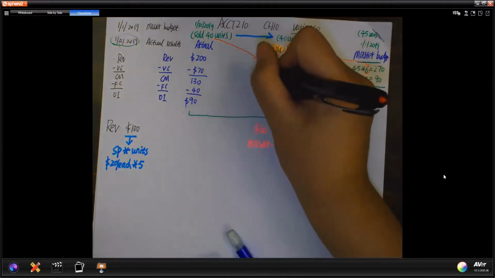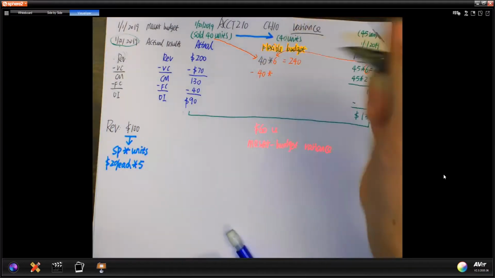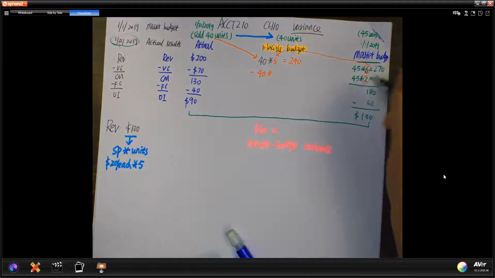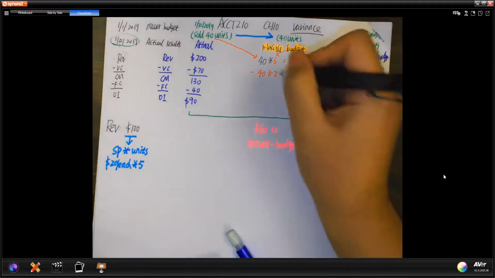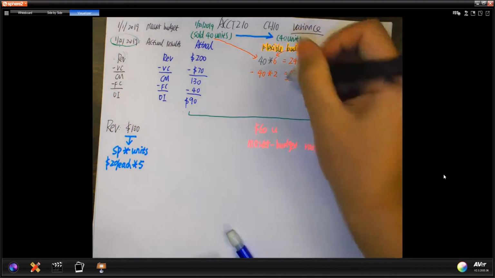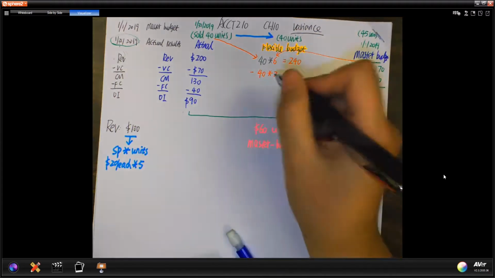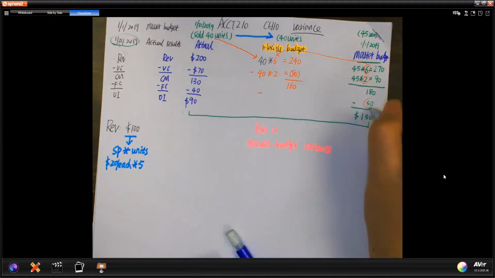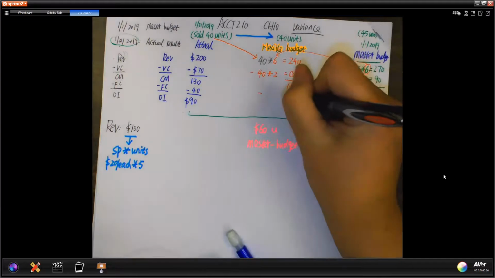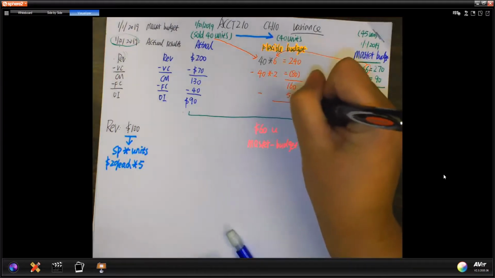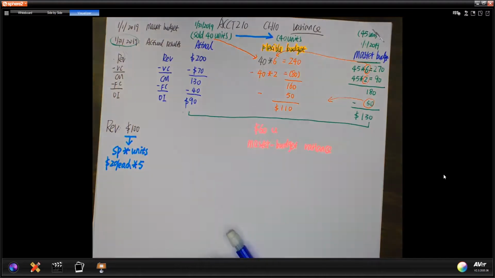We minus the variable cost: 40 units times our budgeted price, $2, gives 80. So our flexible budget contribution margin is $160. Our fixed cost is the same as our master budget fixed cost, which is 50. So our flexible budget operating income is $110.